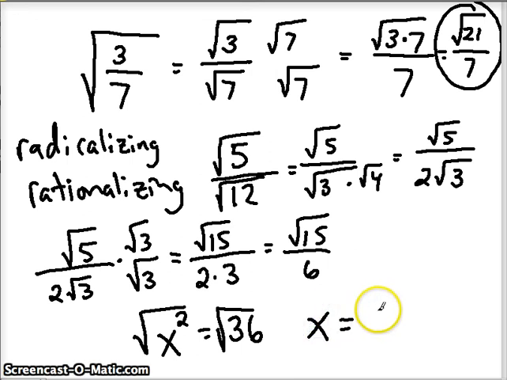And over on the other side we get a positive 6, but we also get a negative 6. So we rewrite that as plus or minus 6, or positive or negative 6, however you want to say it. And that says that positive 6 squared will give us 36, but also negative 6 squared will also give us 36. And these quadratics will get way more complicated, and that's what we'll start dealing with in the next video.